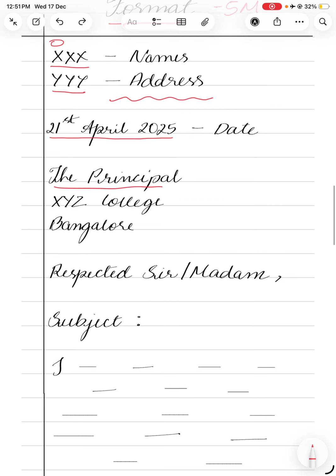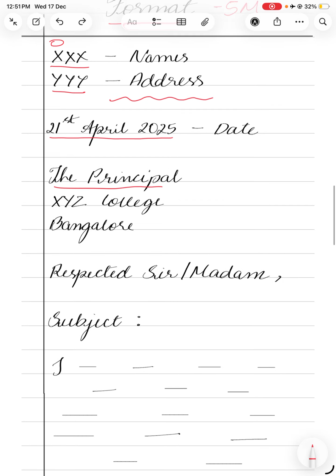So you got the address, you got the name, date. Suppose I'm writing the letter today, then I will write 17th December 2025. I got the date as well. Now moving on, to whom am I supposed to write? It is clearly mentioned that I am supposed to write to the principal. So I write down the same thing, to the principal. The next thing that they are asking is a neighboring college.